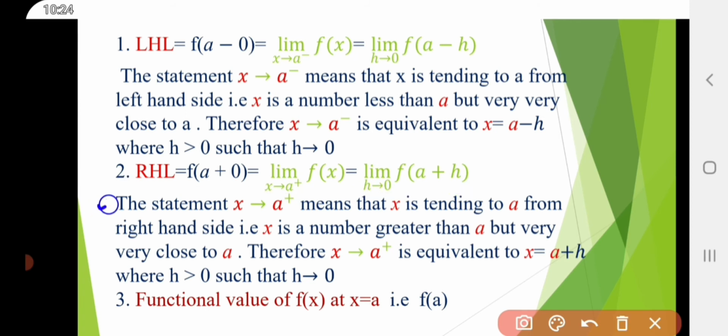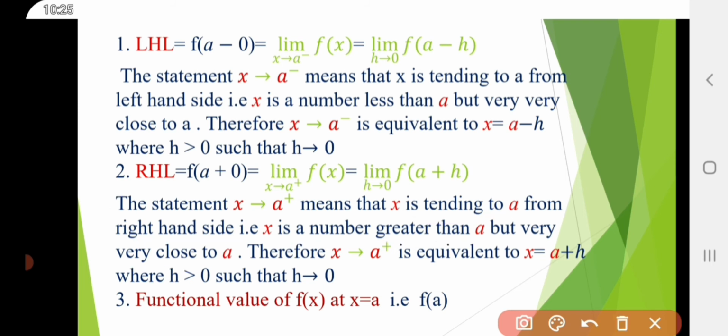So the statement x tends to a plus means x is tending to a from right hand side, and x is a number greater than a but very very close to a.